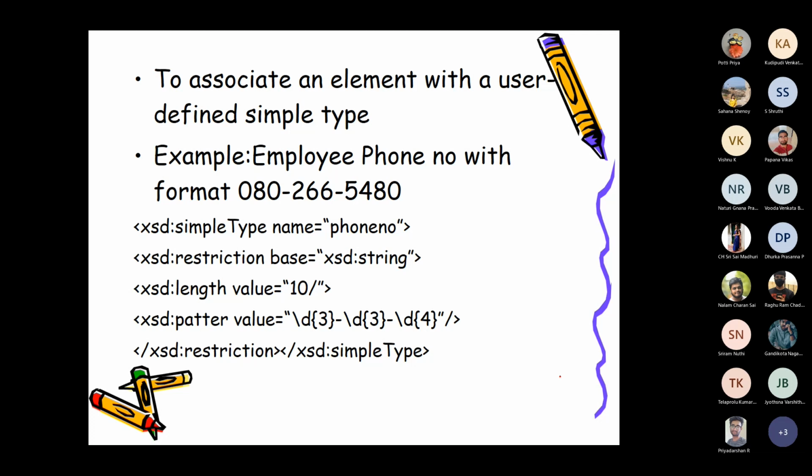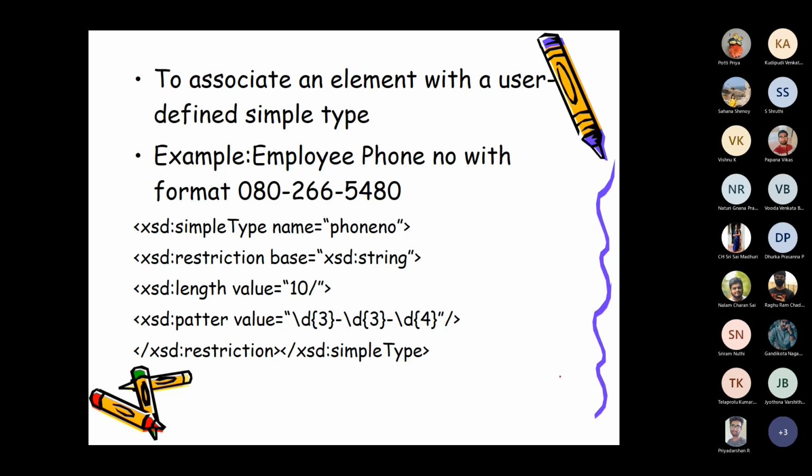But here I have to first define what is phone number. What is the base I should specify? That means from which type I should be deriving it. So XSD type, simple type, name is the first attribute. Then there is a sub element called XSD colon restriction. What are the restrictions? In the restrictions part, base is the first attribute.